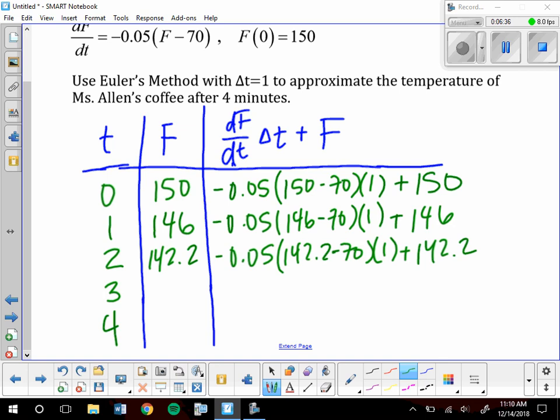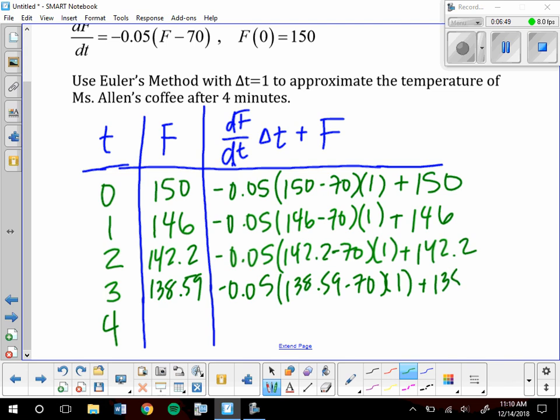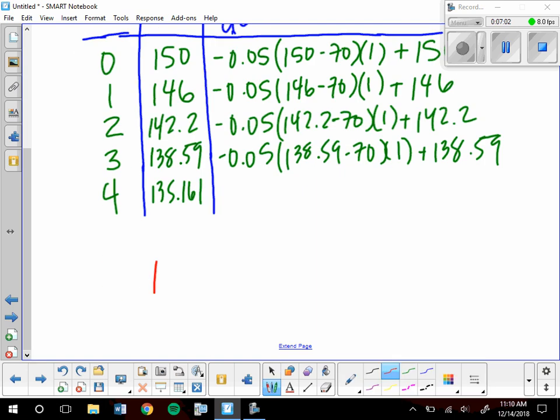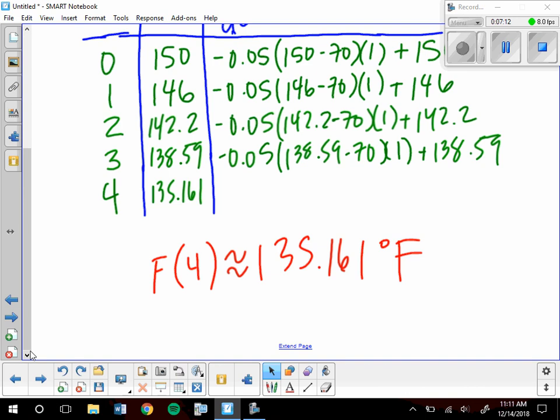And I get 138.59. And if I do it one more time, I get 135.161. And so using Euler's method, I have shown that my coffee temperature after 4 minutes is approximately 135.161 degrees Fahrenheit.